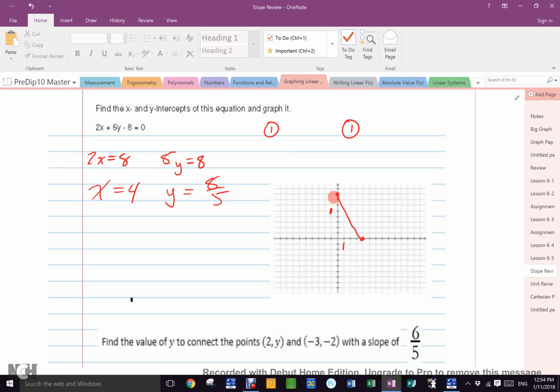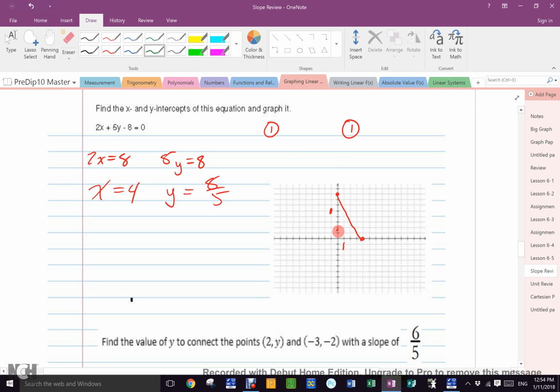Could I also have done this? 1 and a little bit. And drawn this line. Would this have been acceptable? The green line. Yes. It's just harder to graph accurately because you cannot tell me where 3/5 is.